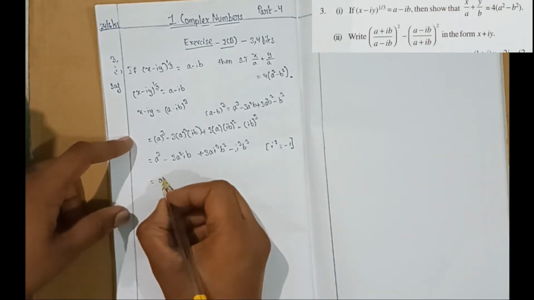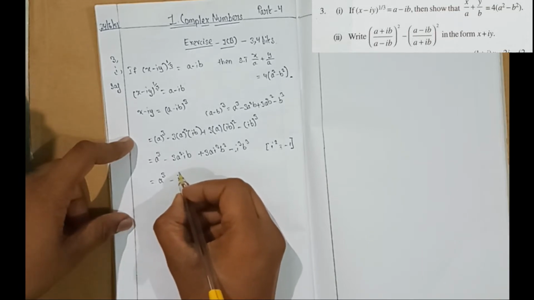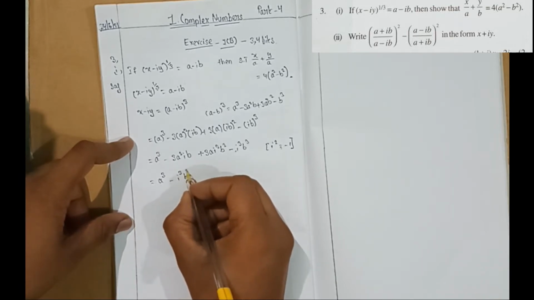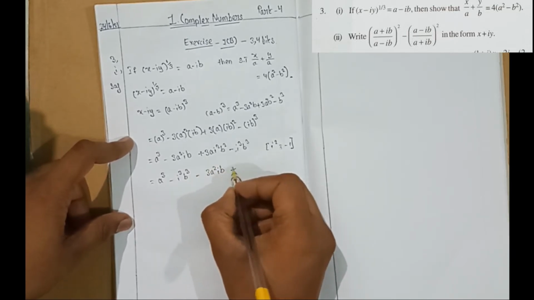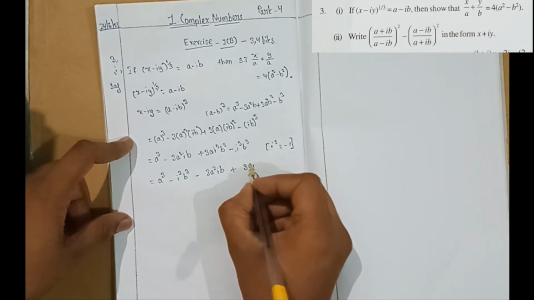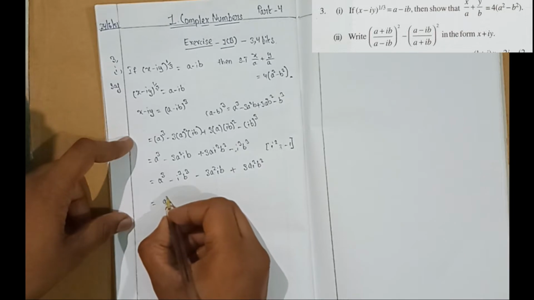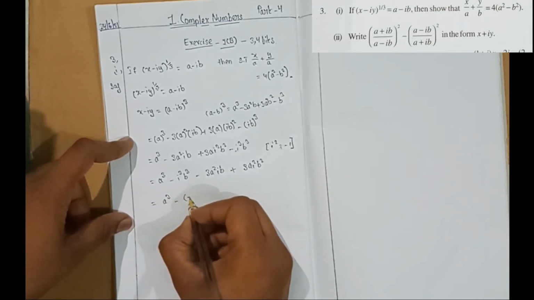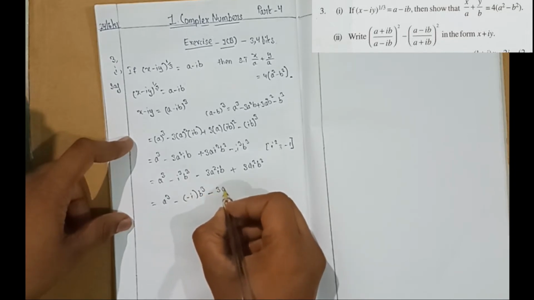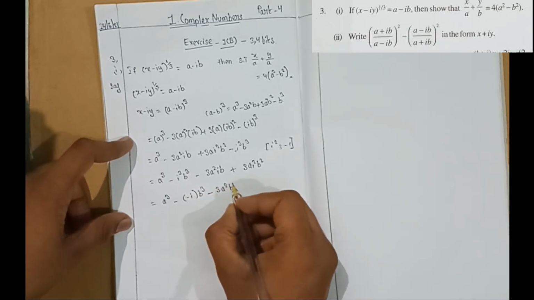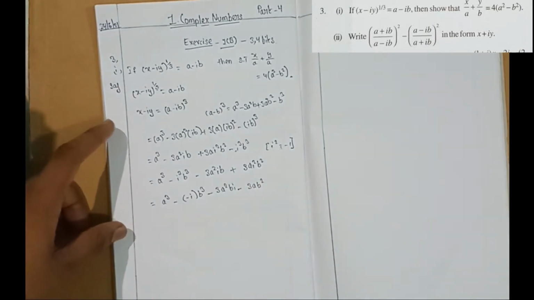So it will turn into a cube minus 3a square bi minus 3a b square, and minus of minus i b cube.